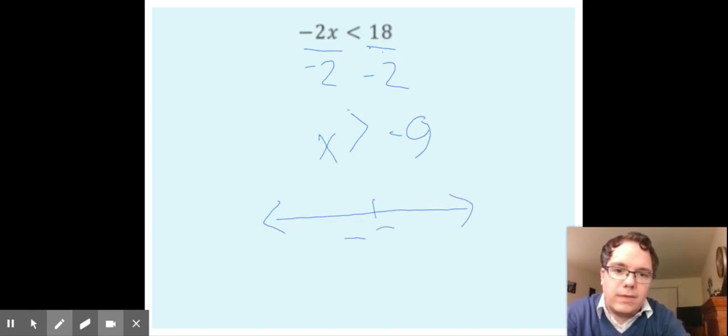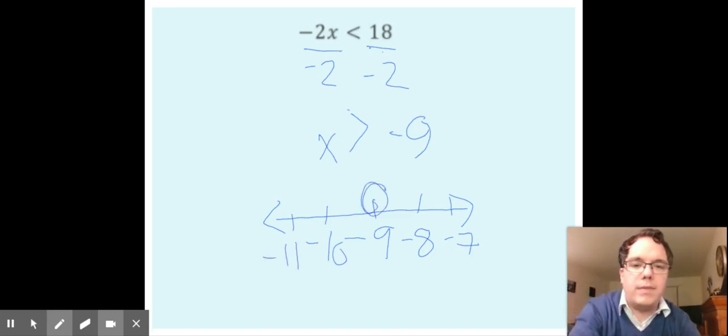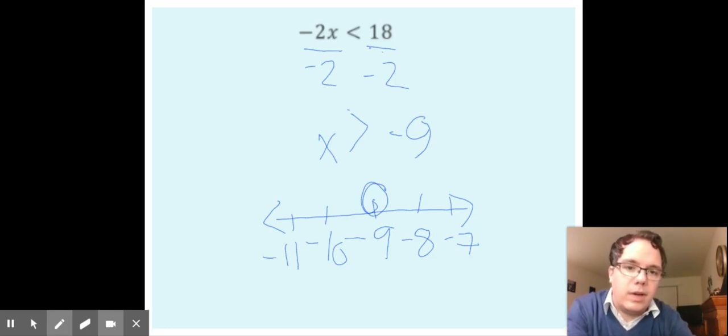The reason I had to flip that is because if we look at our number line down here, I'm going to put in an open dot for negative 9, and then we're going to look for numbers that are bigger, so negative 8. If I plugged in negative 8 up here, 2 times negative 8 is 16, and 16 is less than 18, so that makes it true.